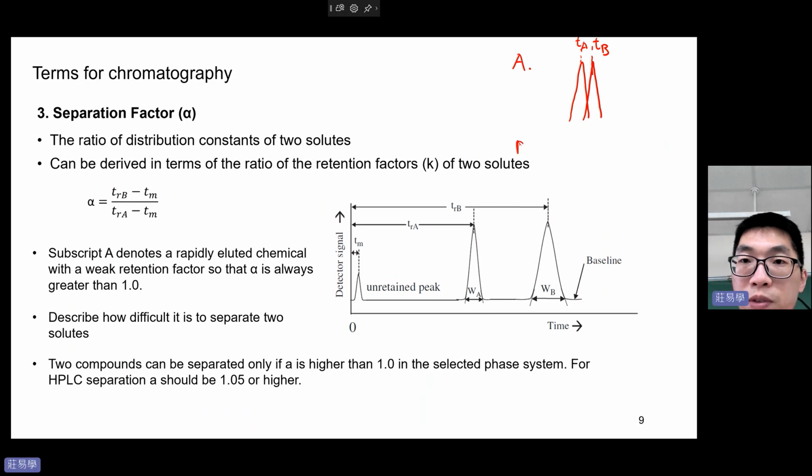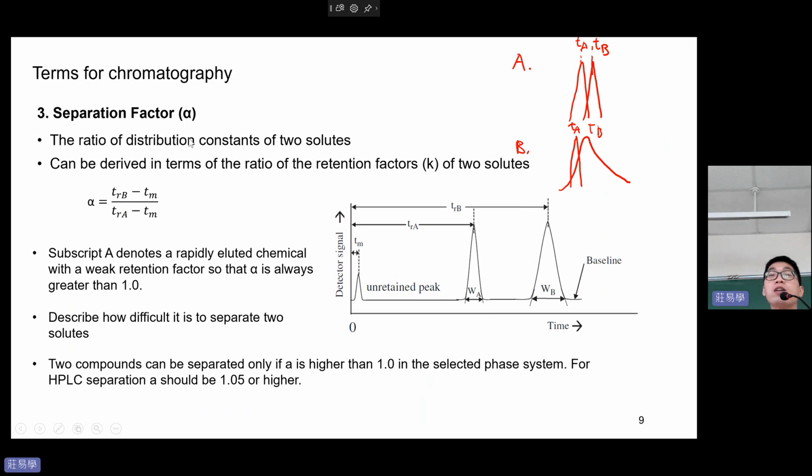And in the second case, again, TA and TB are identical.